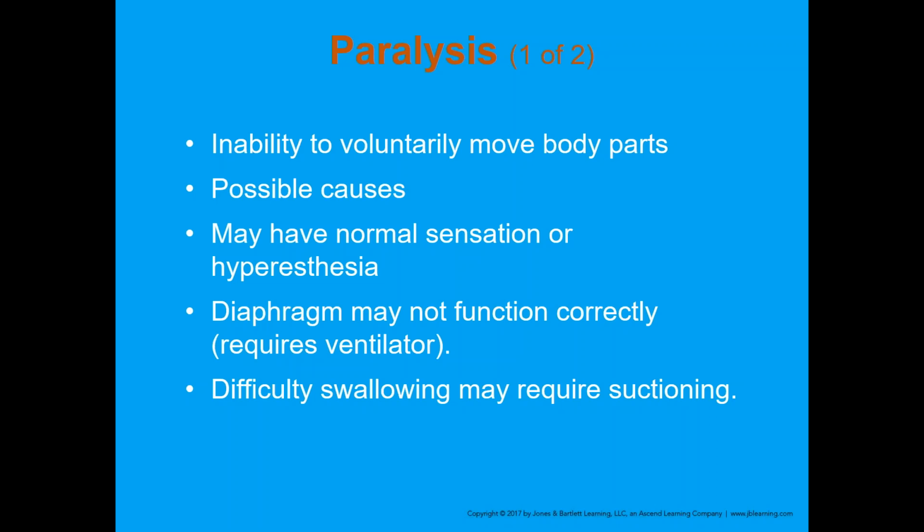You would stop your ability to breathe. So most time with those folks that have that high cervical injury will be on a ventilator. There's no ifs, ands, or buts with it. That being said, if they do have some control, they may have difficulty swallowing. They may have to be prepared to suction.